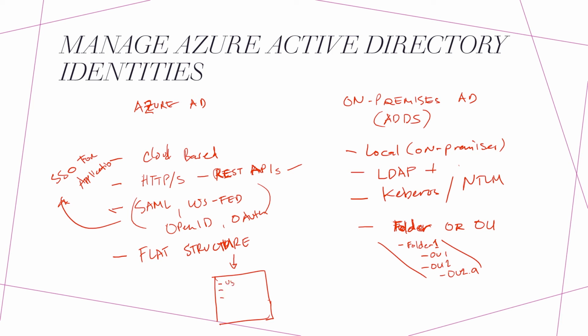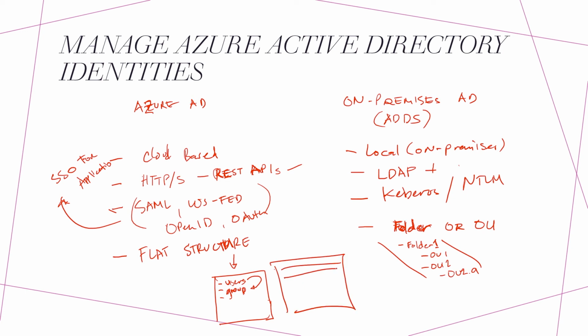So you've got users here, and if you want to manage that, you just create a group and then contain the users in that group without creating folders to structure that directory. They just appear as a flat list.